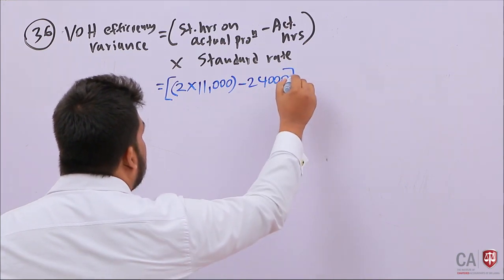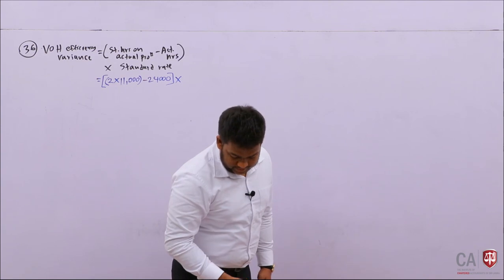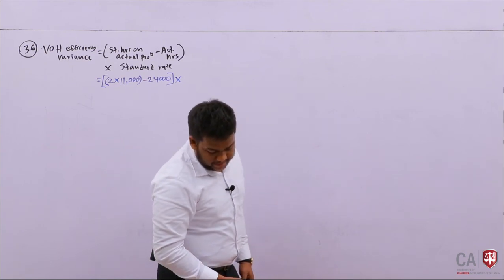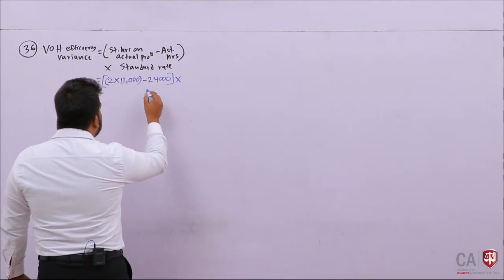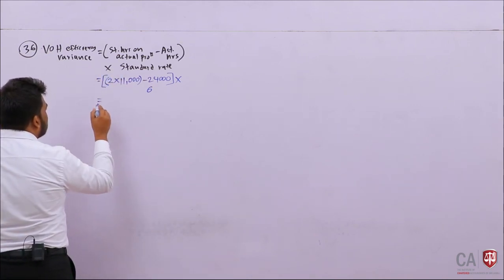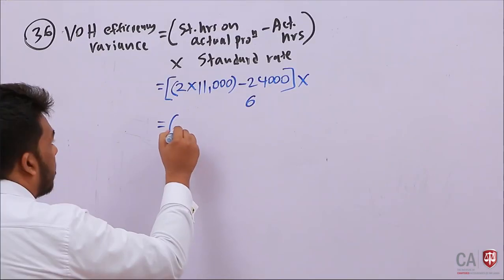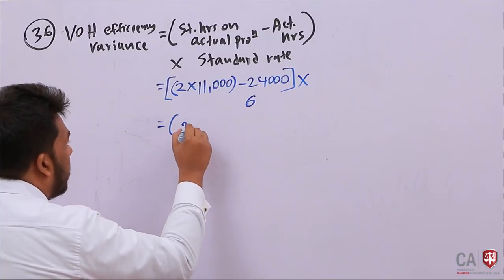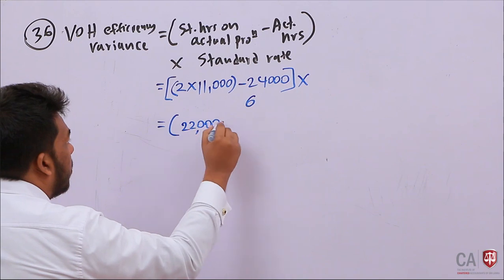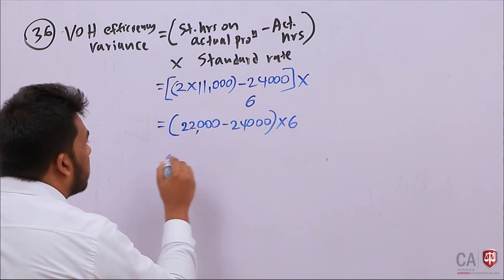So that is into standard rate. Standard rate is 6 per direct labor hour. Very easy. When you put the formula and insert the numbers, very easy. So 2 into 11,000 is 22,000. 22,000 minus 24,000 into 6.